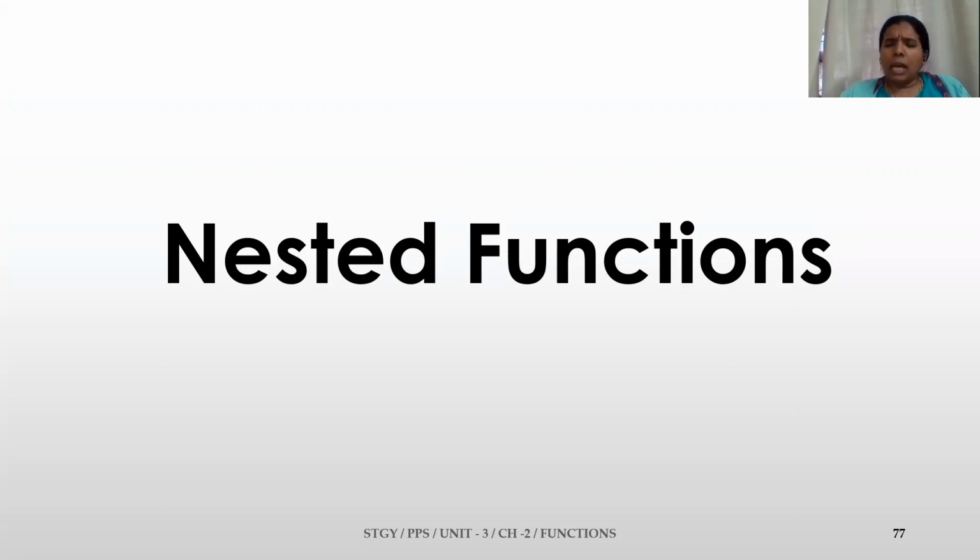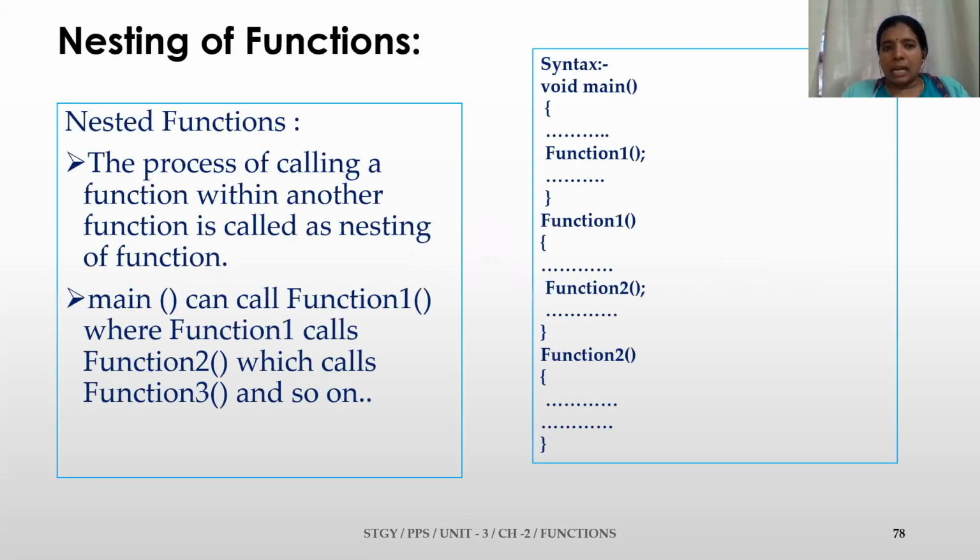That means two topics come up again. Functions have essentially two things: function definition and function call. Is it calling one function inside another, or is it defining one function inside another? Defining one function inside another does not make much sense, because a function itself means an independent block of code that does a specific work. So nested functions means the process of calling one function inside another function.